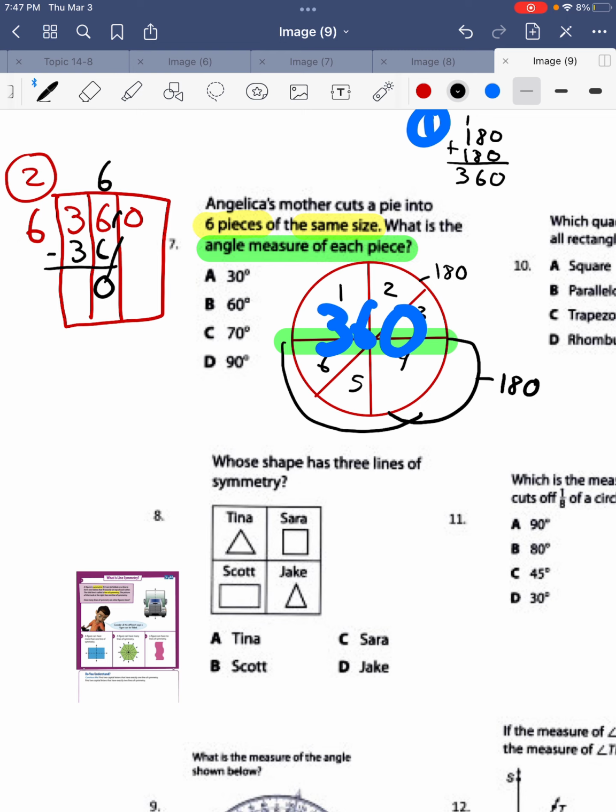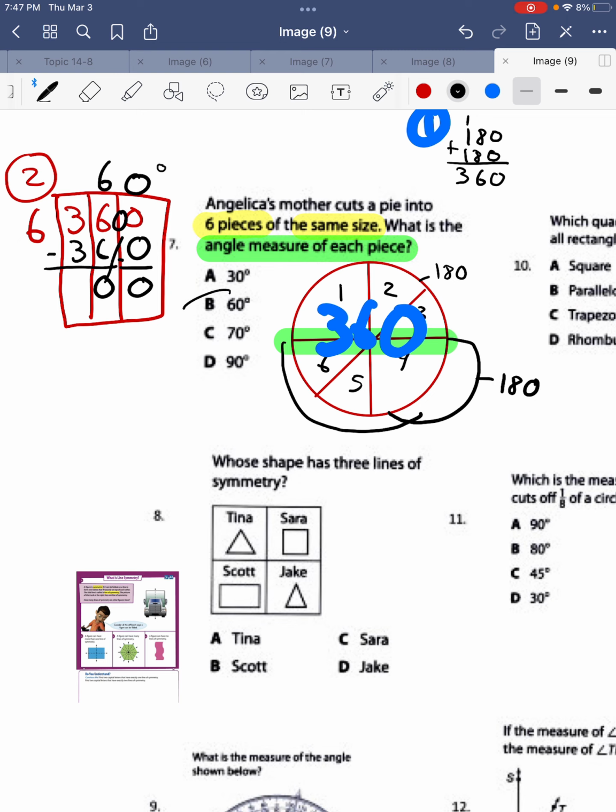Carry my 0. How many times can 6 go into 0? None. So I'm going to put 0. 6 times 0 is 0. 0 minus 0 is 0. So that means one piece measures 60 degrees.